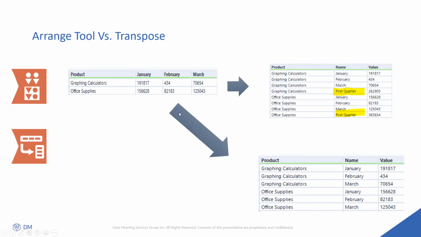If we had just used the transpose, we would have gotten January, February, March for one product, January, February, March for another product, etc. down the line. But by using the arrange tool, we were able to create another column that was also part of our data set, even though it wasn't part of our original data.